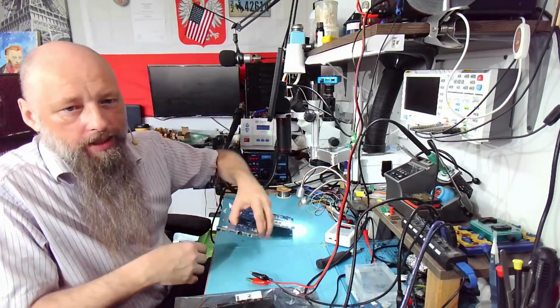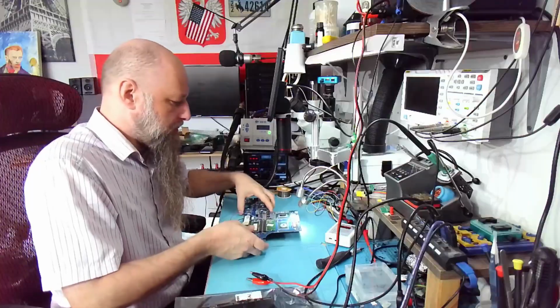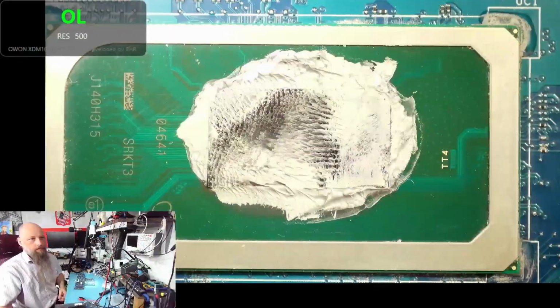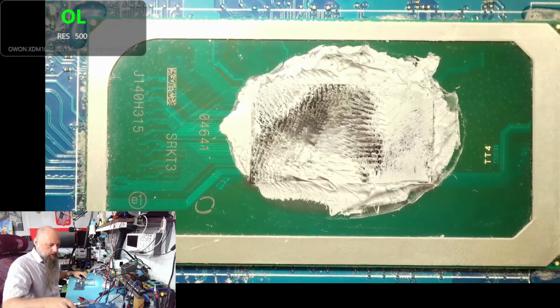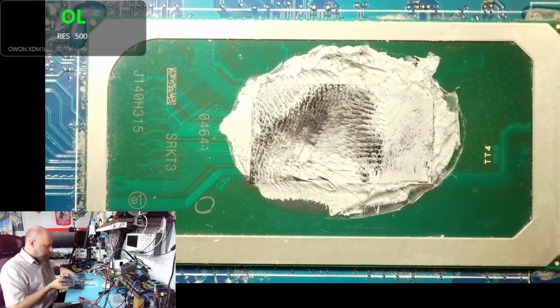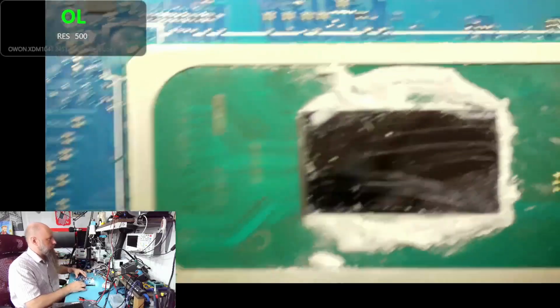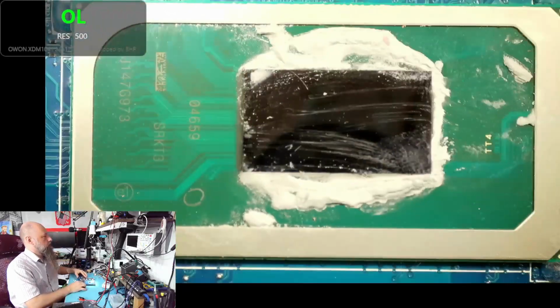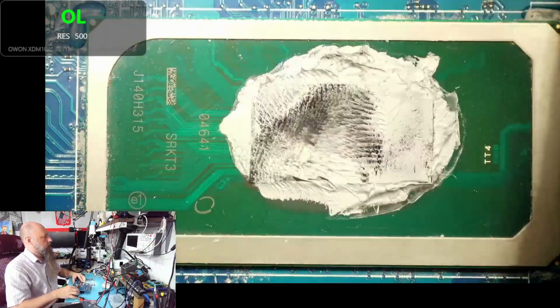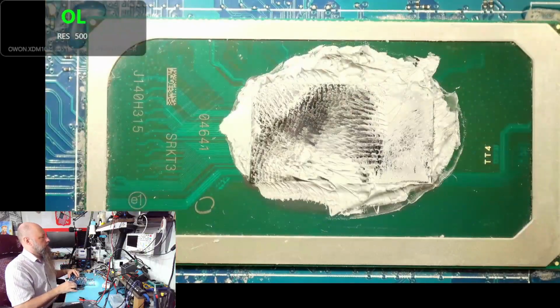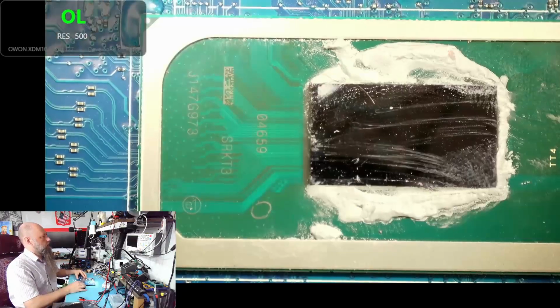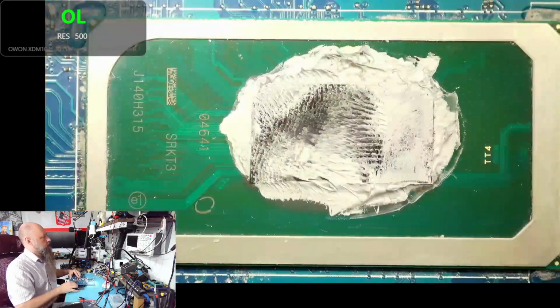Well, I did order a stencil to remove the CPU from this device, this guy, SRKT3, and put it on this device. At least that was my idea before I noticed that these boards are not the same. And now, if they are not the same, the CPU might not be the same, even though they look the same. 04659, 04641.